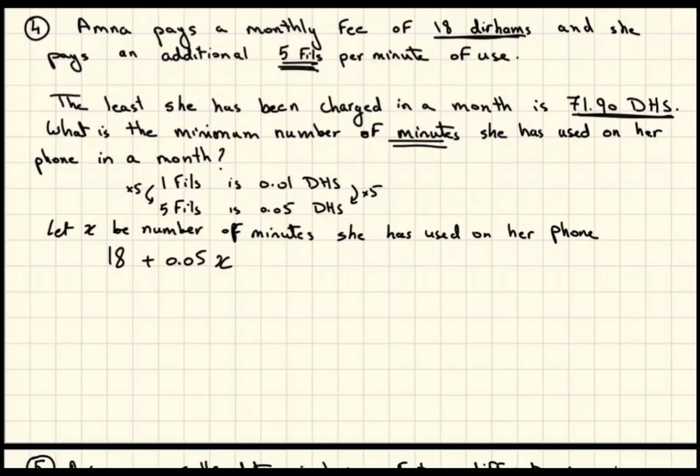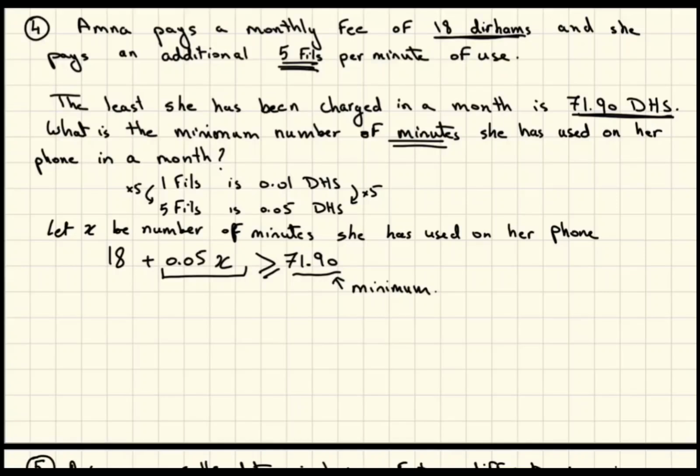Alright, so 18 plus the amount of minutes multiplied by 0.05 was at least. What is the meaning of at least? The minimum is 71.90. So the amount she's paying is always greater than or equal to 71.90, because this is the minimum she paid. So always she's paying either more or equal to this amount.